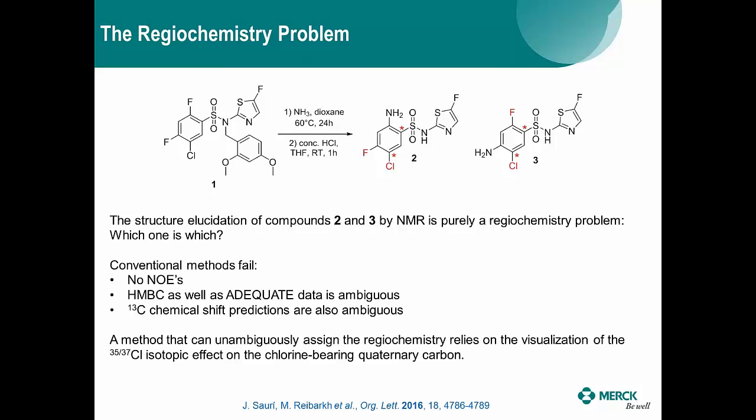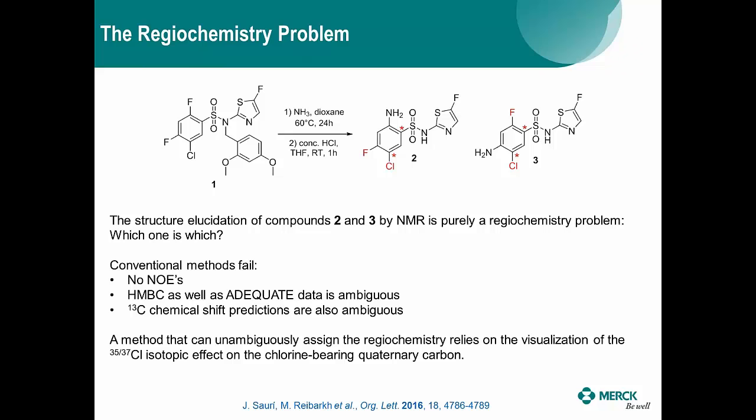And chemical shift predictions were also ambiguous because we were not able to distinguish the chlorine-bearing carbon from the sulfonamide-bearing carbon, those carbons that are marked with the star in compound 2 and compound 3. So everything was too ambiguous, and we couldn't say which one is which. So we thought that an unambiguous way to do it would be to visualize the chlorine isotopic effect on the quaternary carbon.